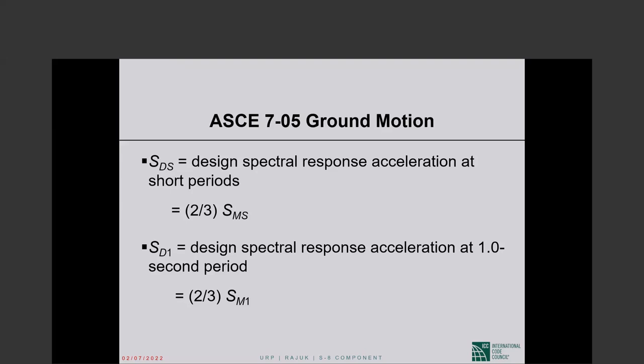Okay. So the idea is, if we consistently everywhere design for 2/3 of the soil modified MCE ground motion, then the 1.5 factor will... let me go one step back.